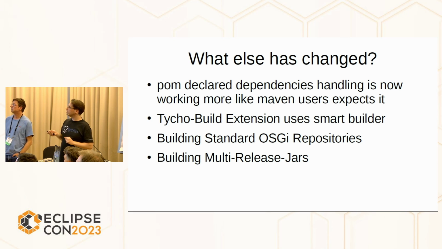Also, the Tycho build extension now uses the so-called Smart Builder. Smart Builder is something that also works for standard Maven projects, but with the Tycho build extension it's now included by default. And the Smart Builder, as you may guess from the name, is very smart if you execute your build in a parallelized fashion, because it not only has a much better algorithm to find a way through your graph of projects to build, so it can find which project to build first so that the overall build runs faster.